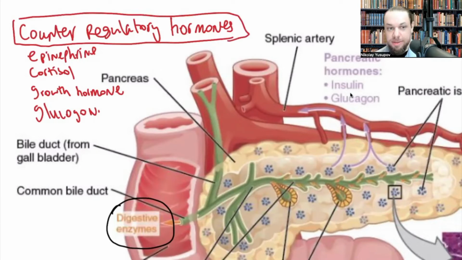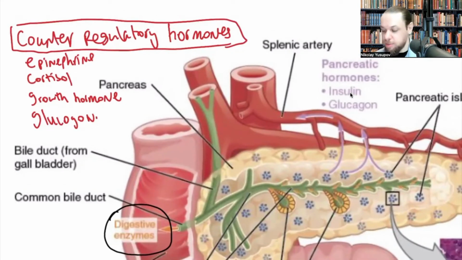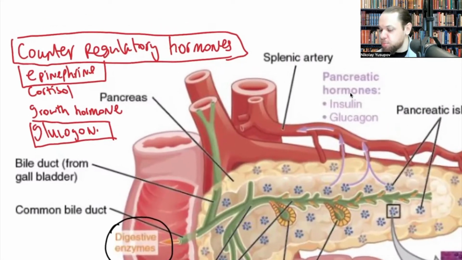We just talked about glucagon specifically. When glucagon is released, when the glucose is gone, it will mobilize glycogen stores. Epinephrine and cortisol are also released. What a lot of these hormones do is activate two important processes.